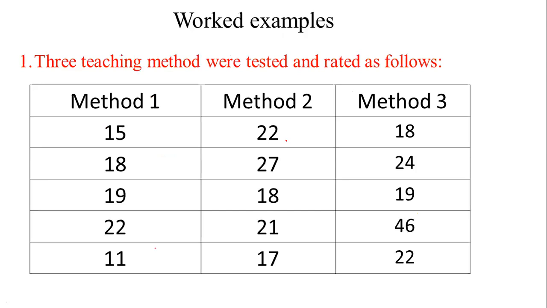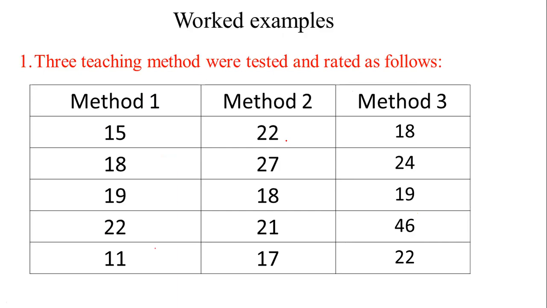So I have an example here, which we are going to work out. There are teaching methods, and we want to see whether a teacher having used this method, method 1, it's independent. Method 2, independent. Method 3, independent. So that is categorical.